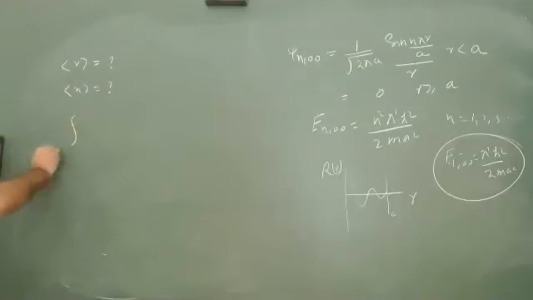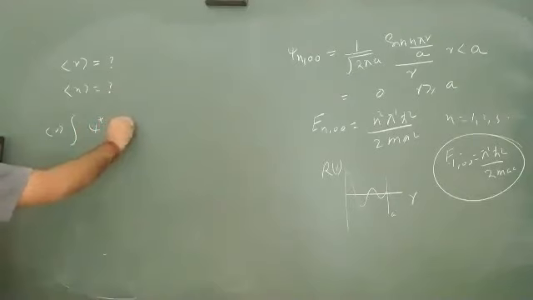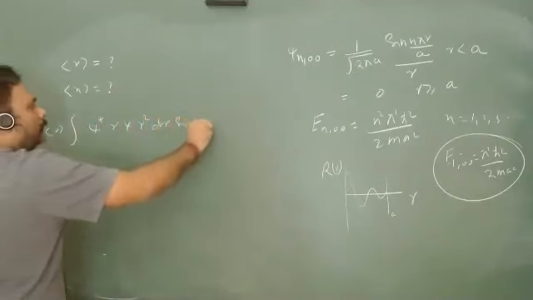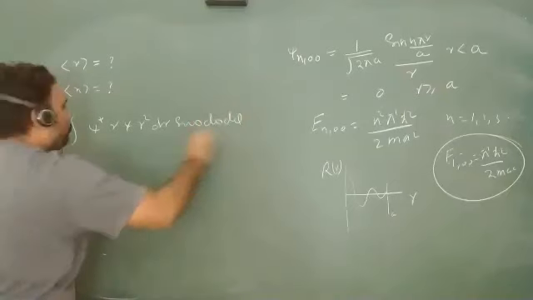So the expectation value of r is the integral of psi star r psi r square dr sine theta d theta d phi.